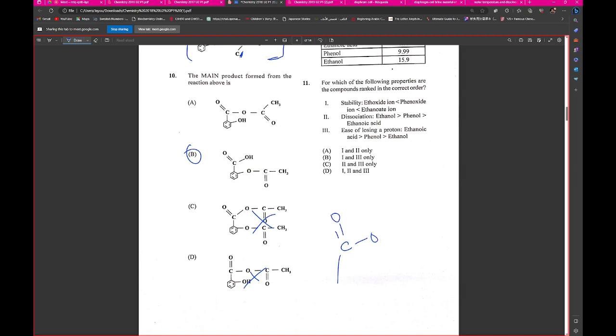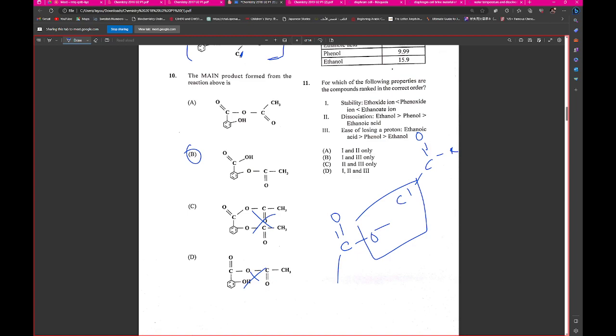When this dissociates, it's going to give us this. When the ethanoyl chloride reacts, it's going to have its chlorine bonded to the carbon, and you have your group there. These are two negative, electronegative compounds.